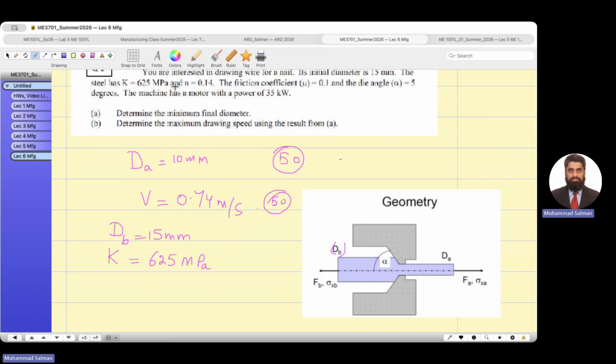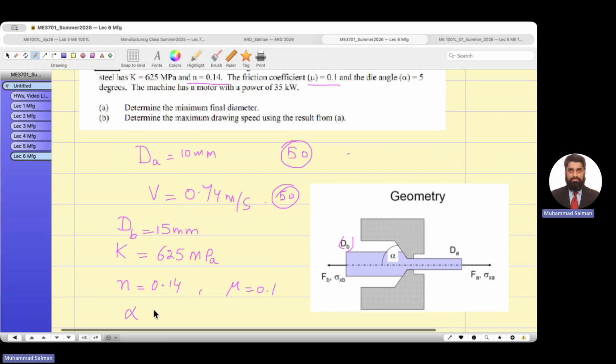megapascal, and n, the strain hardening exponent, is 0.14, and the friction coefficient, and the die angle, which is this over here. This is the die angle, and in our case, this is 5 degrees.